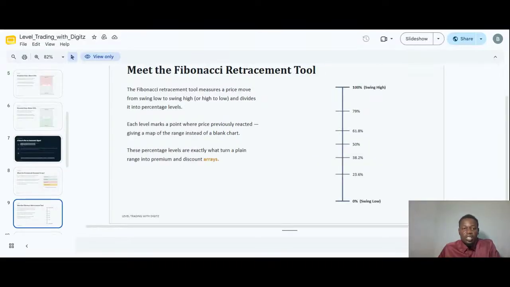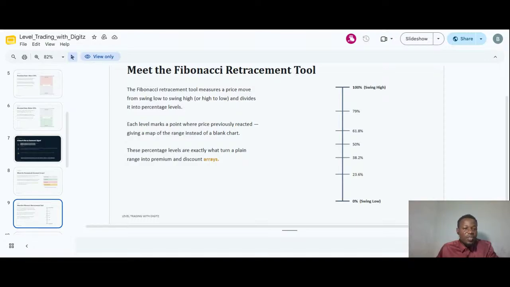Now, look at this. You need the Fibonacci retracement tool. The Fibonacci retracement tool measures a price move from a swing high to a swing low, or from a swing low to a high, either one, and divides it into percentage levels. Each level marks out the points where price previously reacted, giving a map of the range instead of a blank chart.